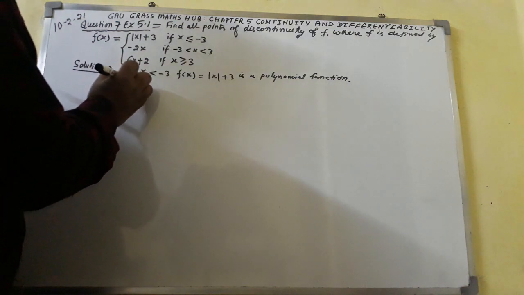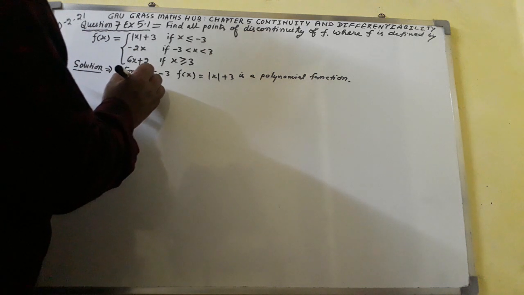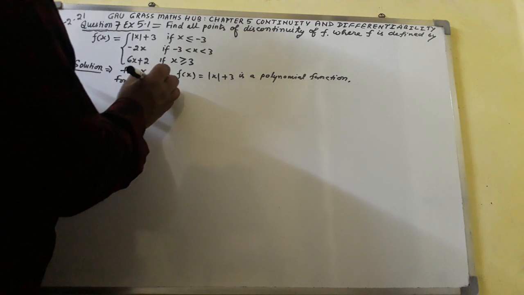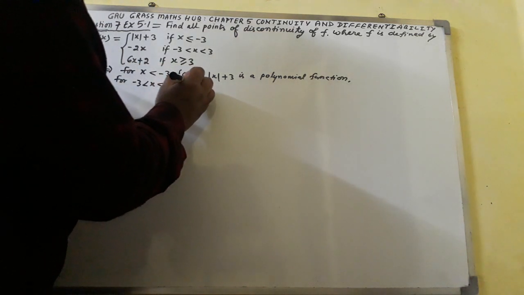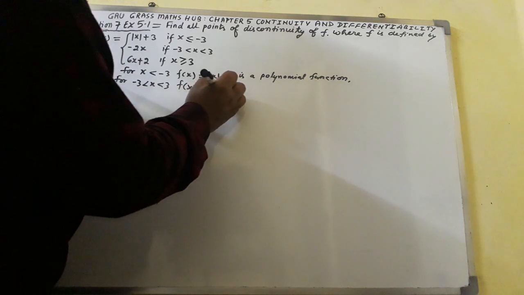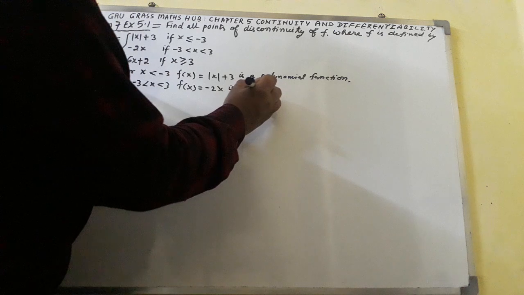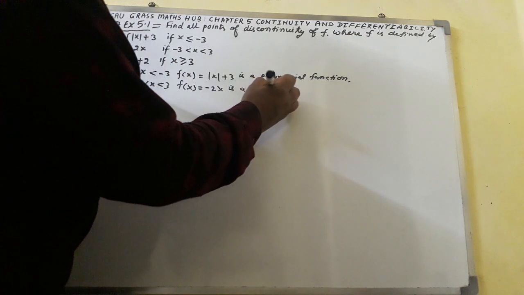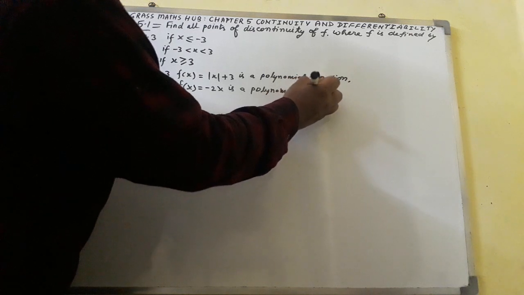For minus 3 less than x less than 3, f of x is equal to minus 2x, which is a polynomial function.